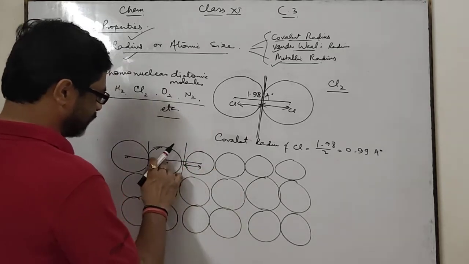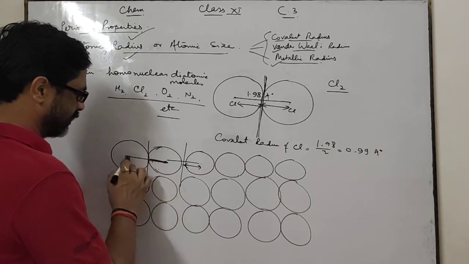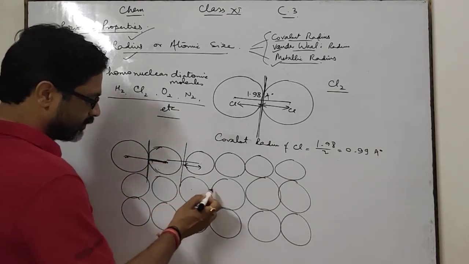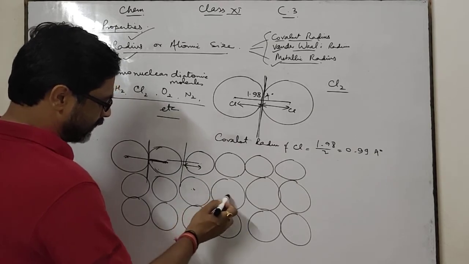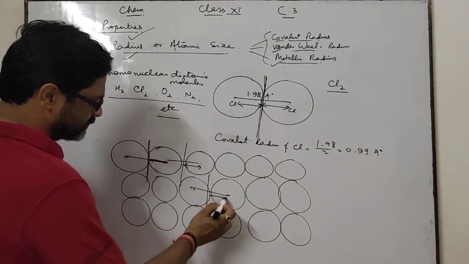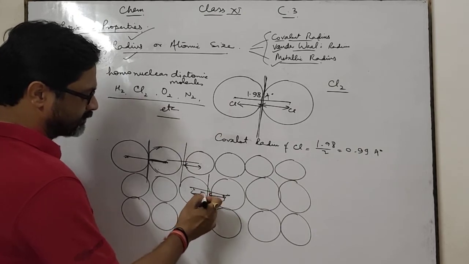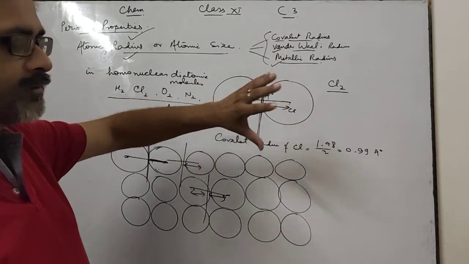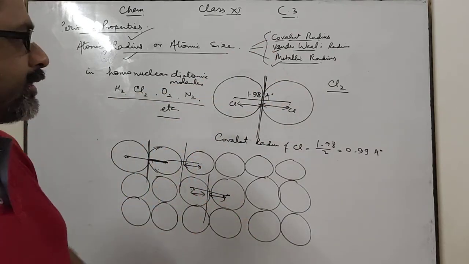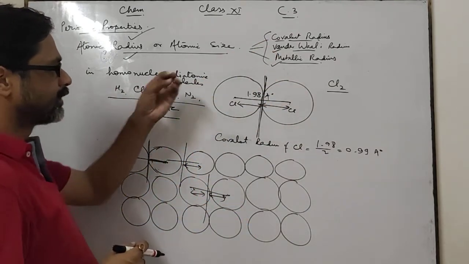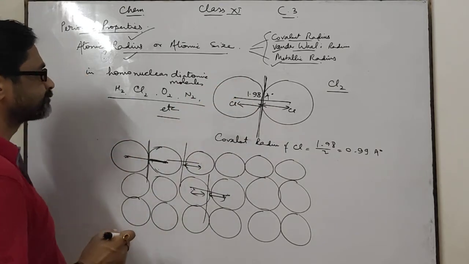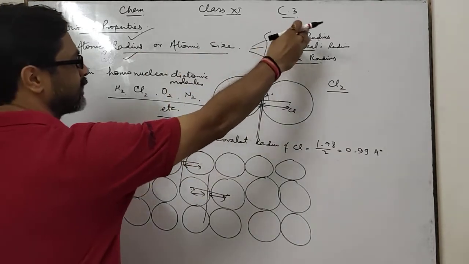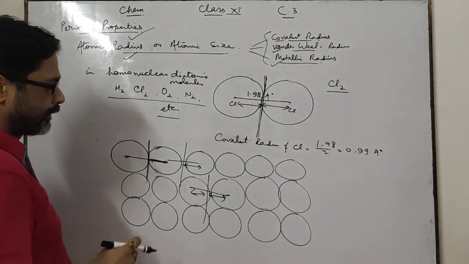Half of the distance between the nuclei of two metal atoms is called metallic radius. All of them are nearly the same, but some difference is present. These are about the atomic radius and various types of radii.